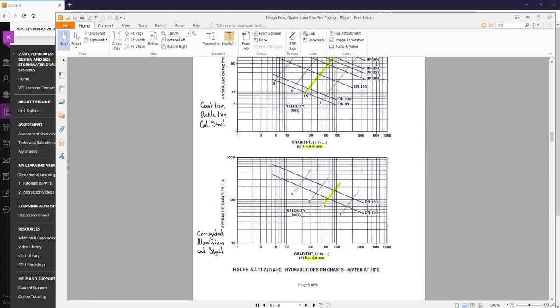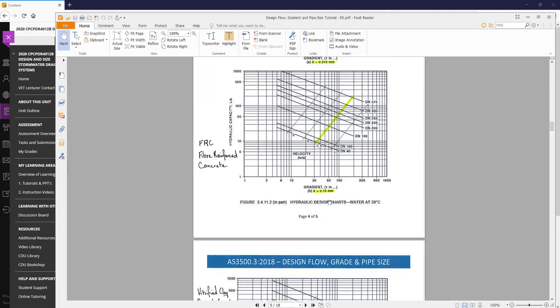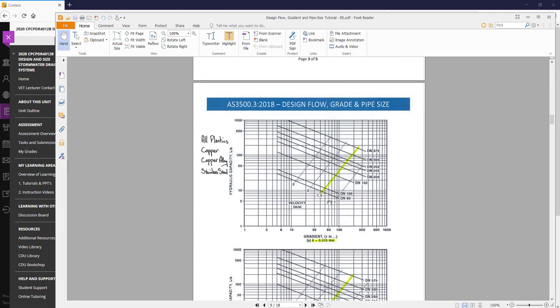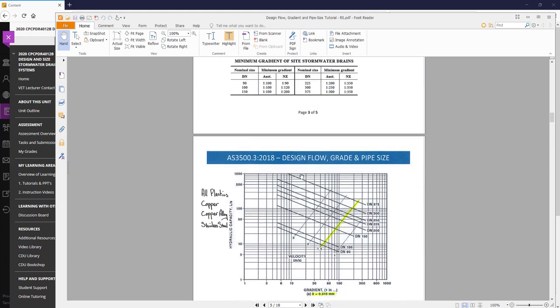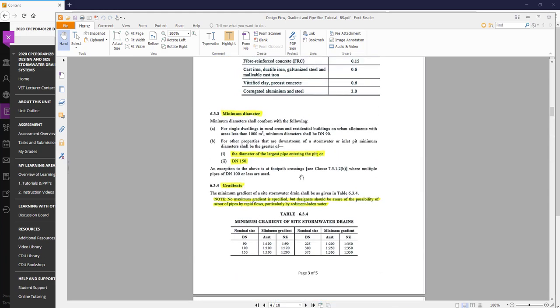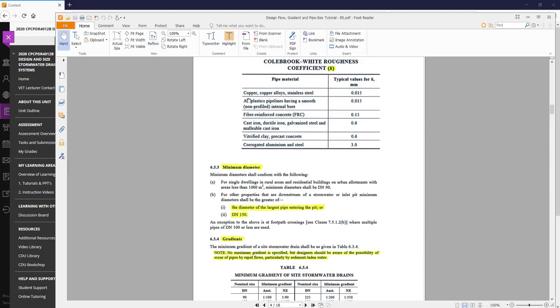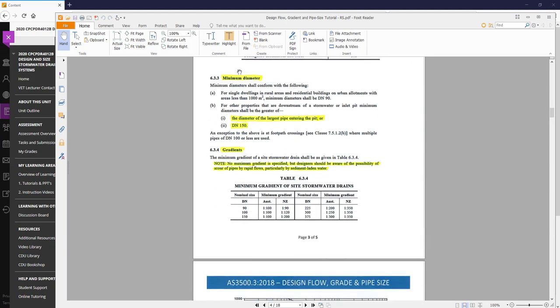And if it was corrugated aluminium or steel, K would equal 3 millimeters in thickness. So we're not interested in those ones at the moment because it doesn't meet our requirements. Our requirement for this drawing is this chart here, which is chart A. All right, so that's how we select that chart, so that way we know we've got the right chart. So that's all of this information that was transferred down.